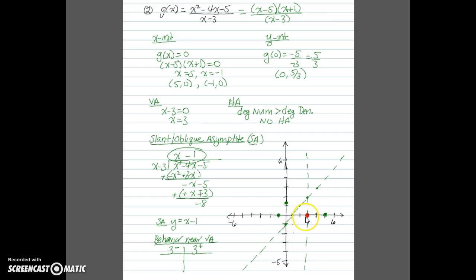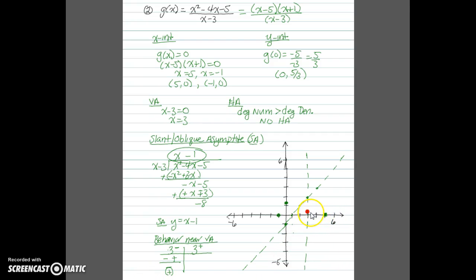As we approach 3 from the left, I am positive, but not positive enough to make this term positive, so I have a negative here. Positive plus 1 will be positive. And as I'm close to 3, but a little bit smaller, this is going to be a negative. So my signs for that case are negative, positive over negative. 2 negatives means that overall the function is positive.